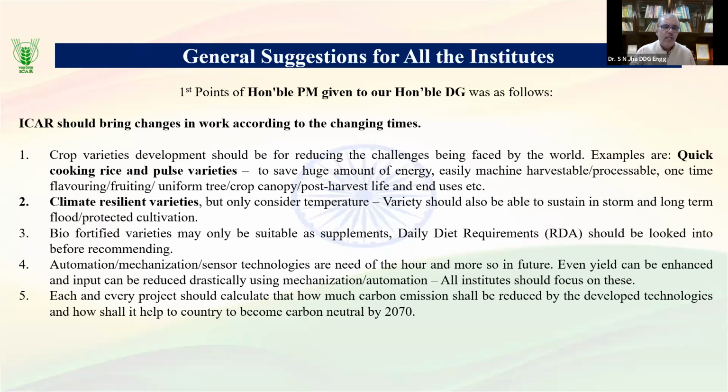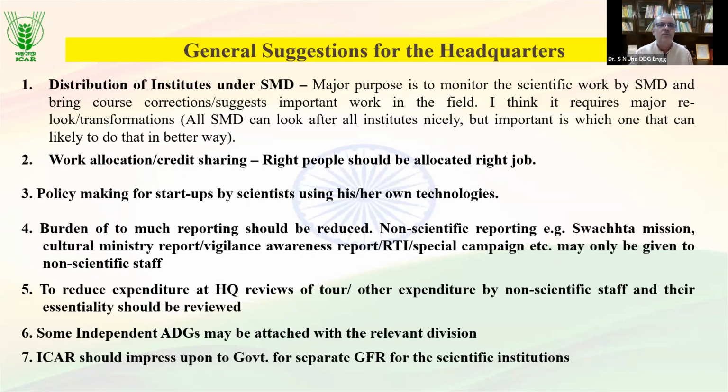Biofortified varieties, as per me as a food scientist, should be recommended looking at the RDA, not as a common food. Automation, mechanization, and sensor technology are the need of the hour, and more so in future. Each and every project should calculate how much carbon emission will be reduced by the developed technology and how it will help the country become carbon neutral by 2070.